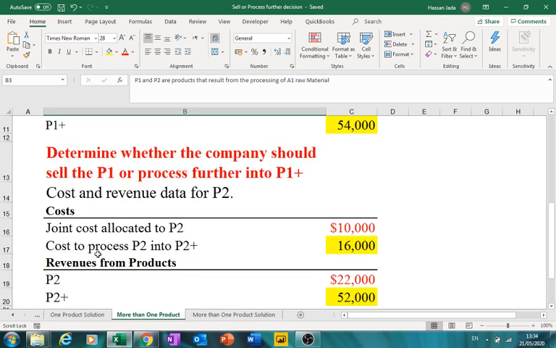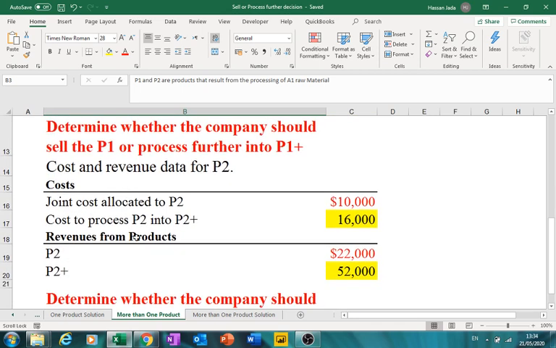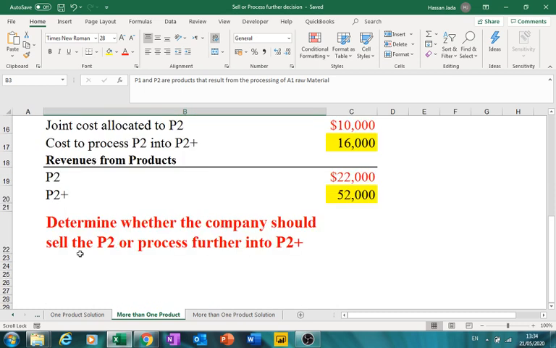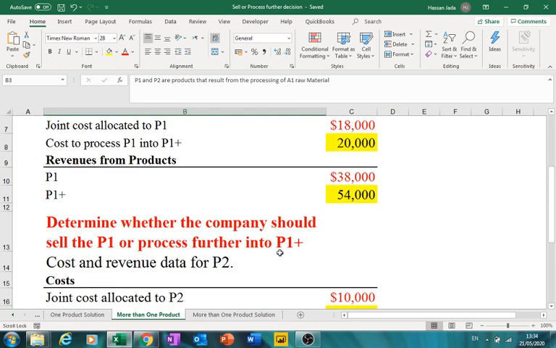Okay, here for P2 we have revenue from selling P2 of $22,000, and if we improve it to P2 plus, we have total revenue of $52,000. Determine whether the company should sell P2 or process further to P2 plus, and determine whether the company should sell P1 or process further to P1 plus.